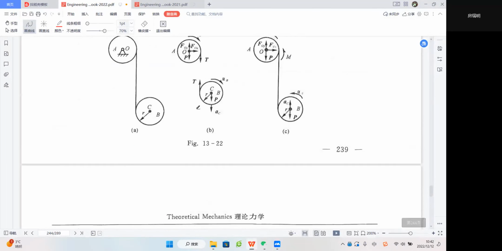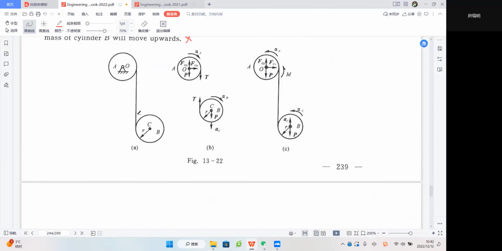And for the relative velocity, if we are sitting on the rope, we can look at this wheel. It's more like a wheel rotating along a fixed surface. So it will rotate like this.